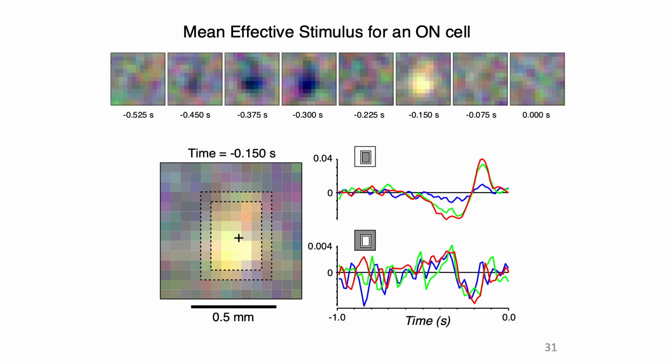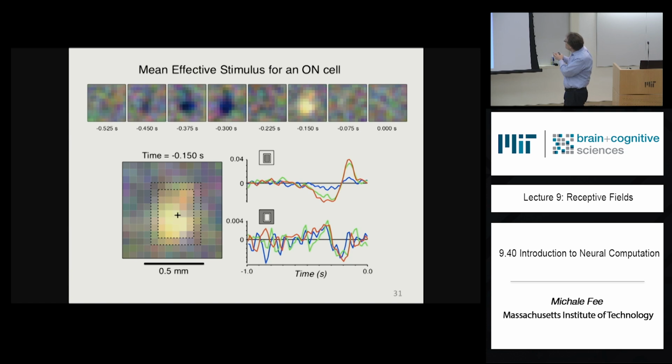So here you can see, as a function of time before the spike, this neuron responds with a spike to a spot of light that happened about 150 milliseconds earlier. And here's what that stimulus looked like as a function of space on the retina.